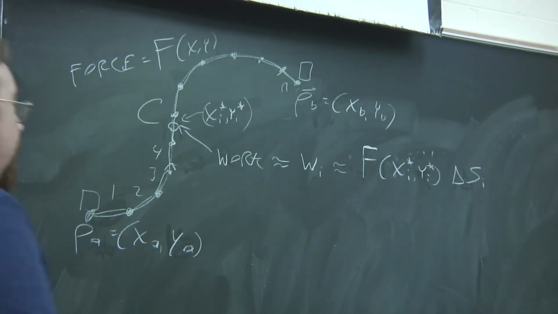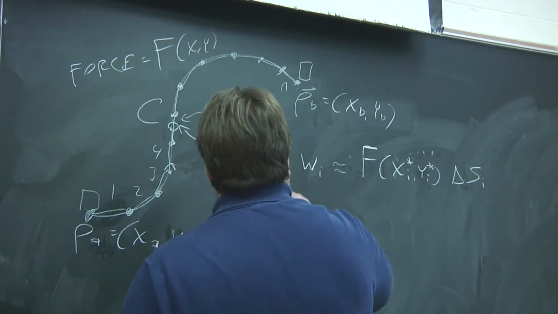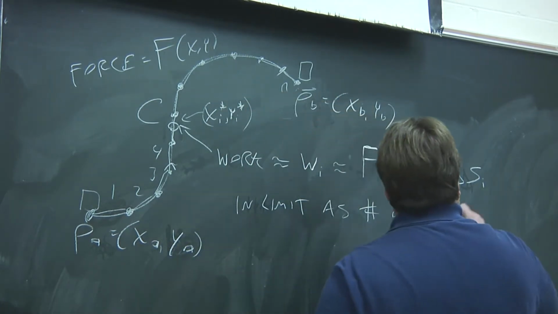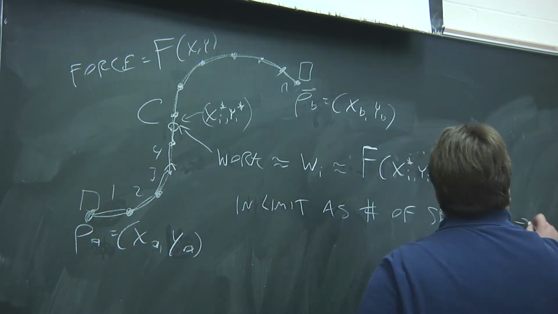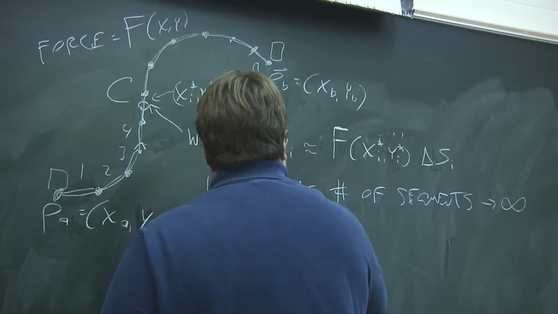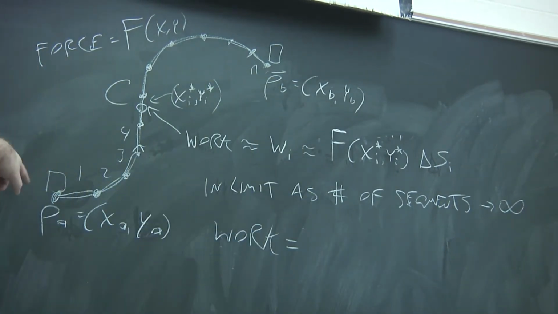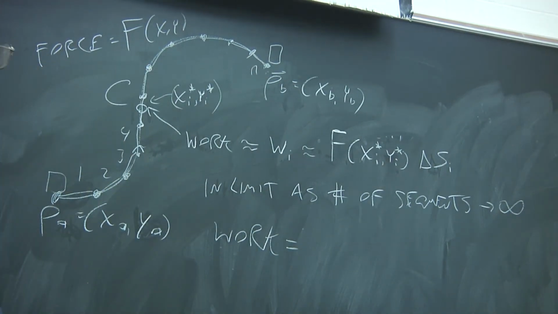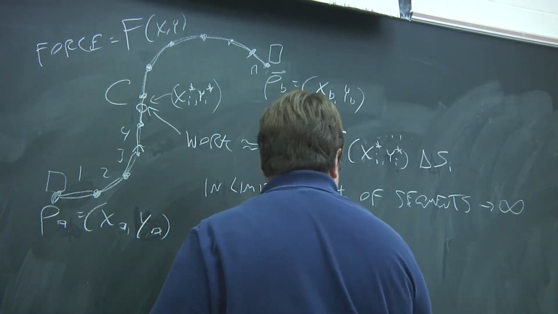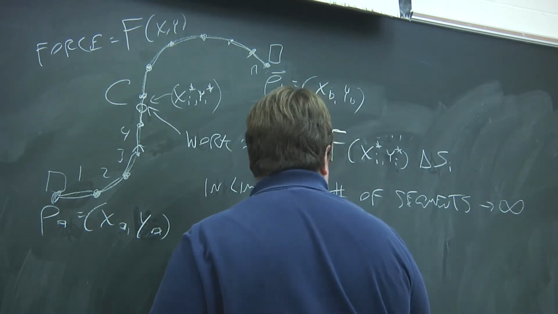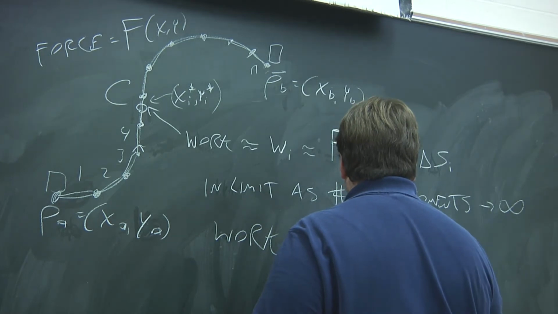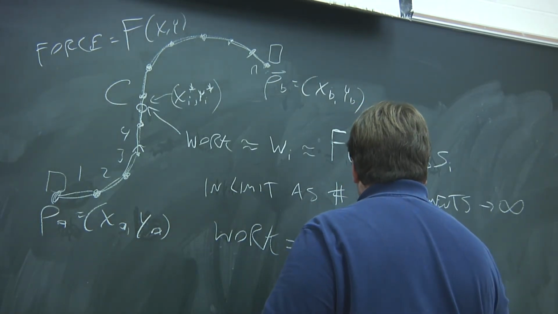Right. So the limit as the number of segments goes to infinity, the exact amount of work that it takes to move the object from point A to point B along its path, the way we write it, just for notation's sake, is the integral over the curve C, maybe a function f ds.